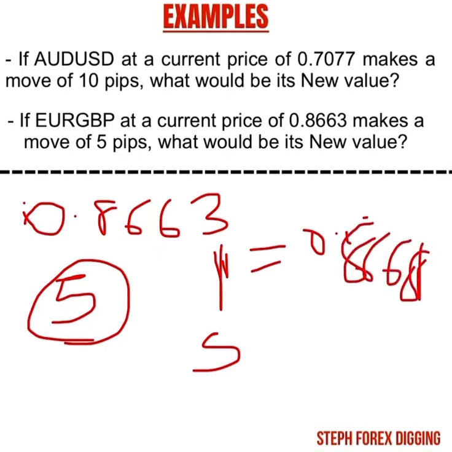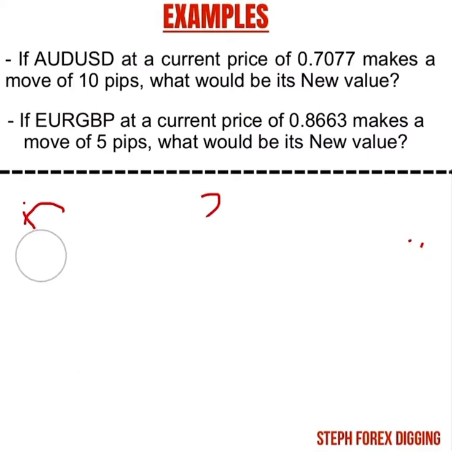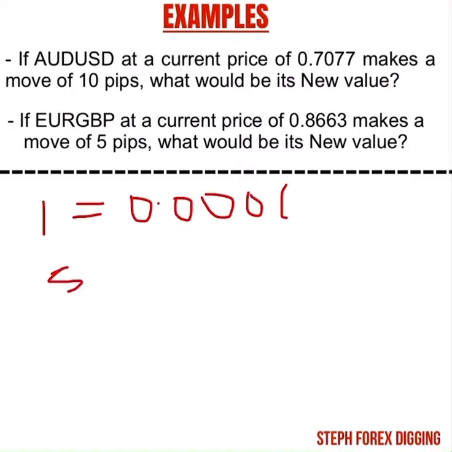0.8668 is right. So that's the first one. That's one we can use. I'll go ahead and use our normal formula, which says that 1 pip is equal to 0.0001. So 5 will be equal to what? Doing the cross multiplication, you'll be getting 0.0005.